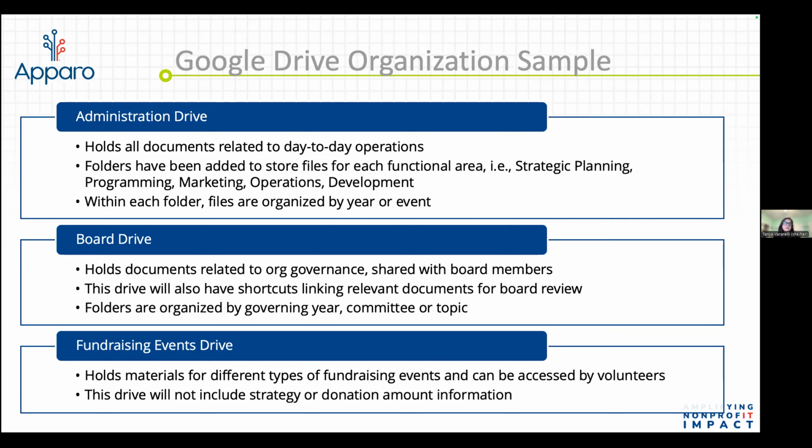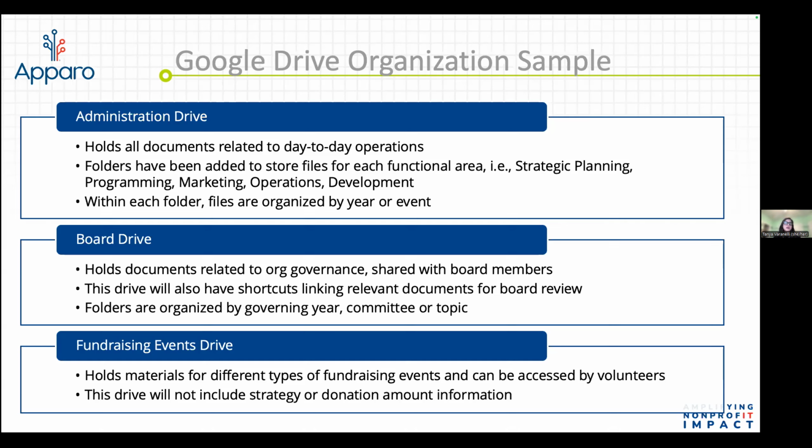So it only needed to be updated in one place, but the shortcut to that document was accessible by the board. And so they knew that they were looking at the most current information, which is really helpful because before there was the same document sitting in multiple locations, and inevitably one's going to be outdated.